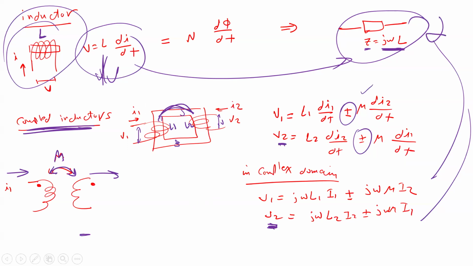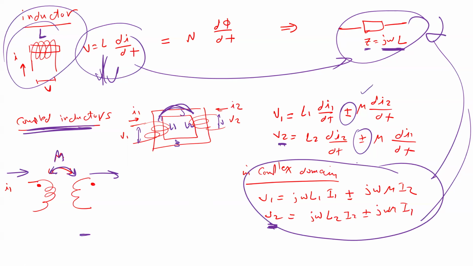I cannot continue this way because this is somehow a different device. So this is the formula I have to use. I have a relation between V1, the voltage across one inductor, and I1 and I2, same thing here. Now we will see two examples showing how to use these two formulas to analyze the circuit.